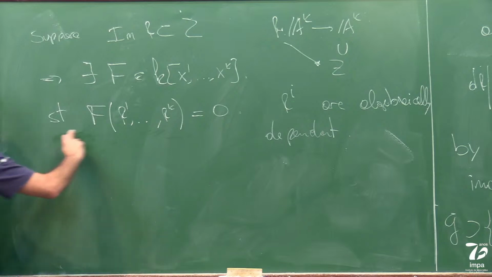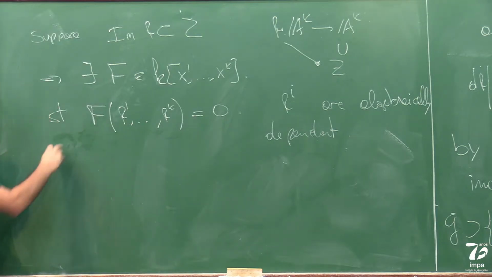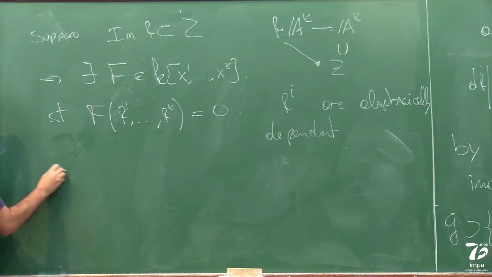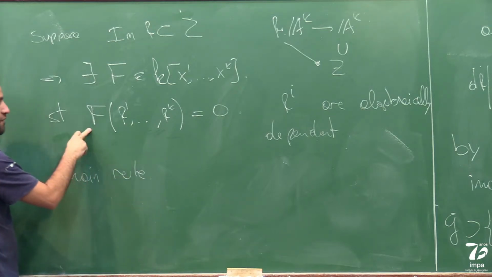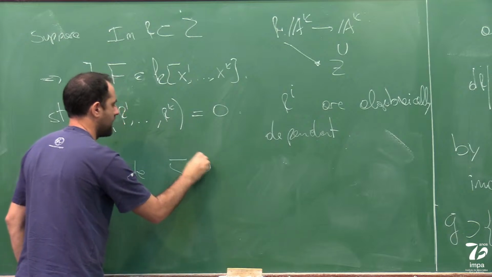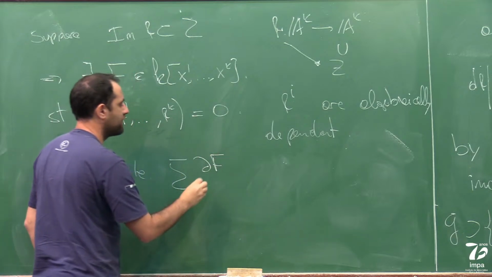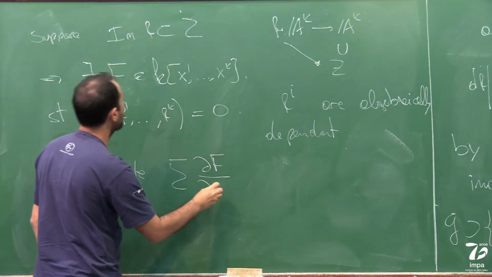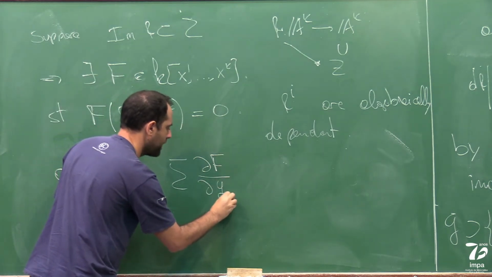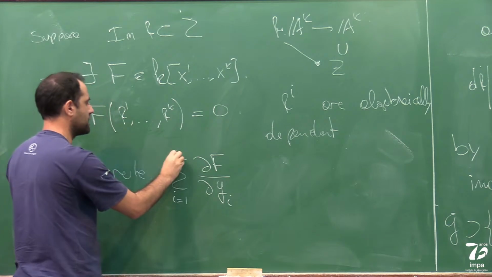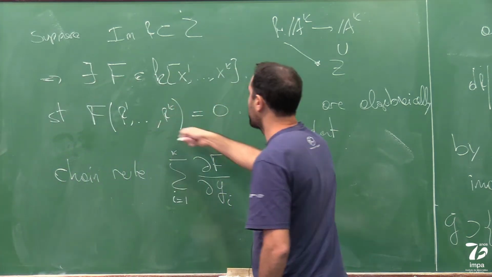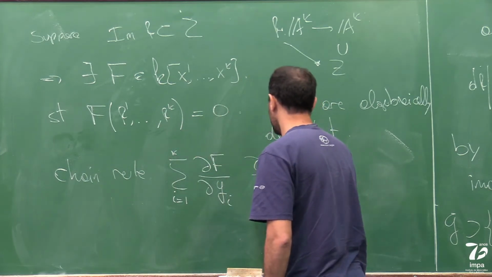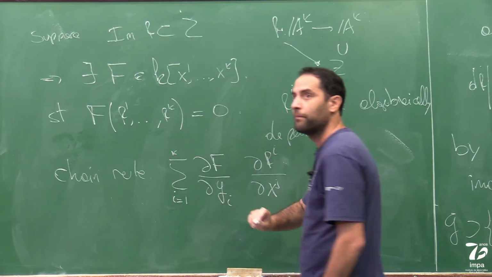If this were to happen, then I can just look at the differential of this map. By the chain rule, the differential of f is given by a sum of derivatives of f with respect to the coordinates, which I'm going to call yi, for i equal to 1 up to k, multiplied by the derivative of the ith coordinate Fi with respect to xj.